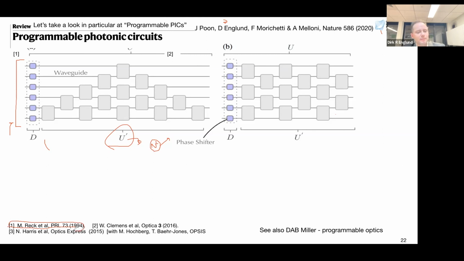There's a paper here from Reck and Zeilinger, the guy who just got the Nobel Prize. They studied the same problem back in the 90s. And in this rather famous by now paper, they proposed how you could put together an arrangement of beam splitters and phase modulators together with some sort of a free space optical apparatus to make an arbitrary unitary transformation possible.